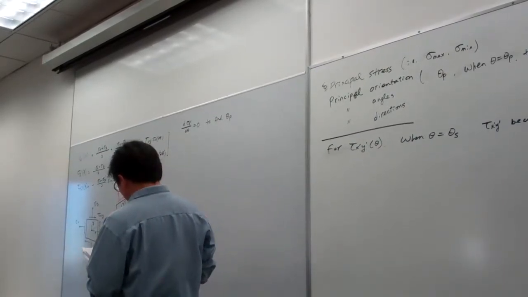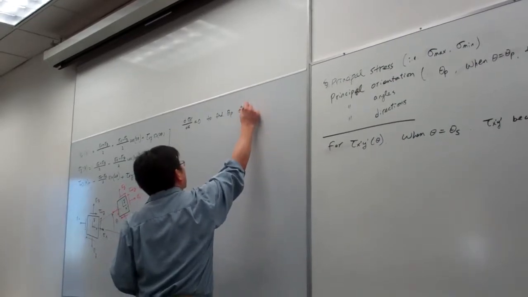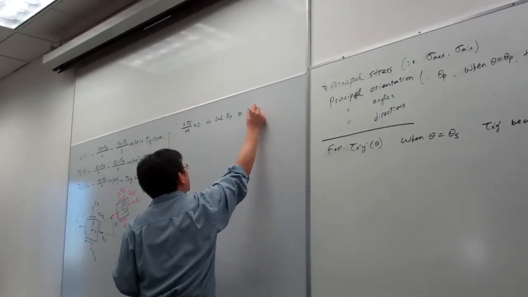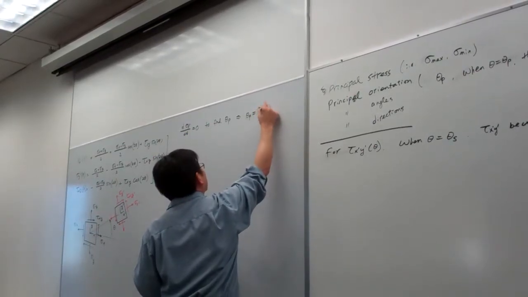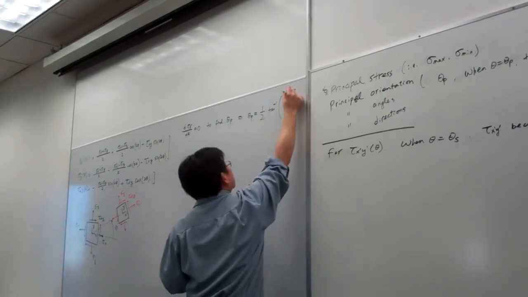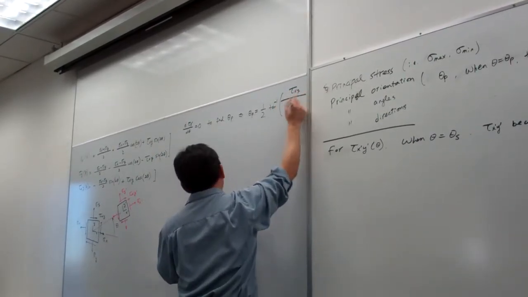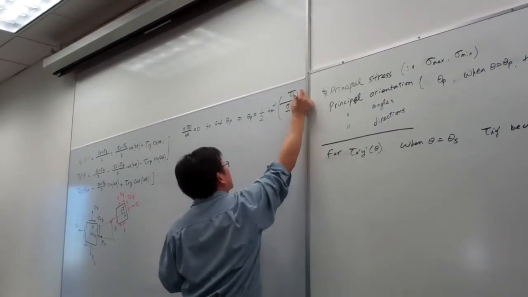And here, let me directly give you the result. Theta p will be equal to 1/2 arctangent of tau xy over sigma x minus sigma y divided by 2.